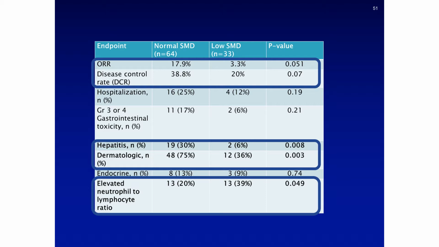The patients who get the immune side effects, the hepatitises, the pneumonitis are also the people who actually tend to have their tumor respond. So when you look at this, lo and behold, the patients with normal SMD had a much higher incidence of hepatitis, rashes, than the patients with low SMD.